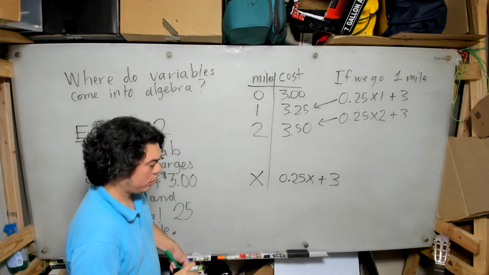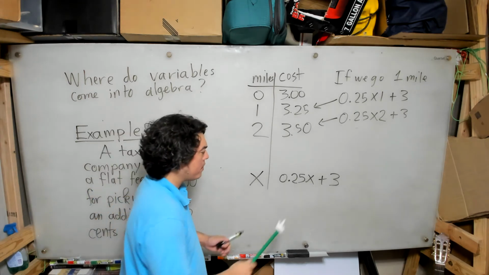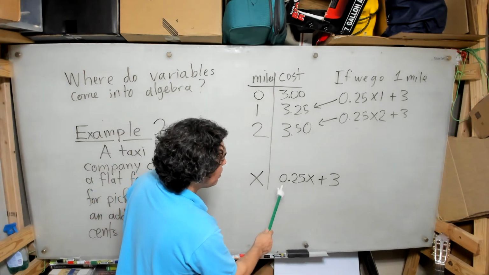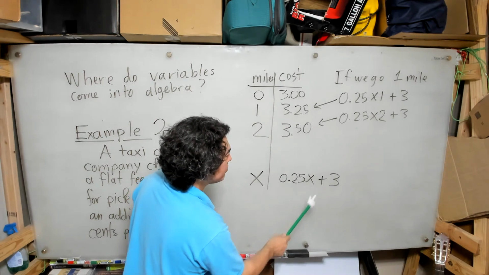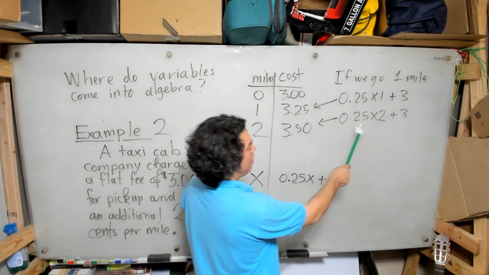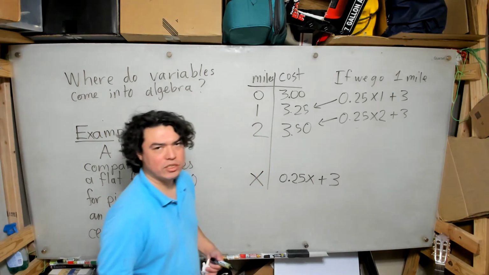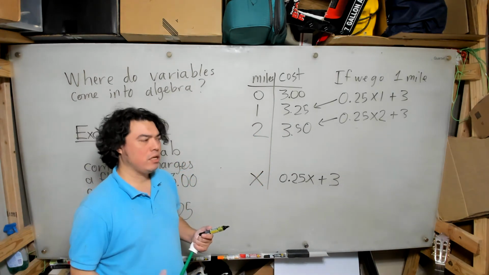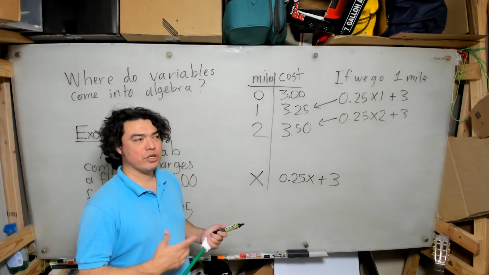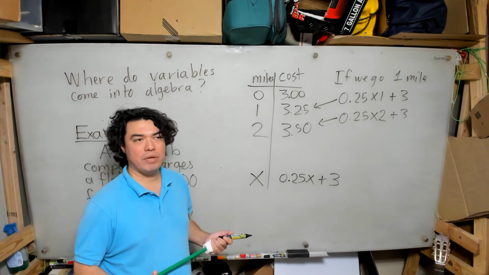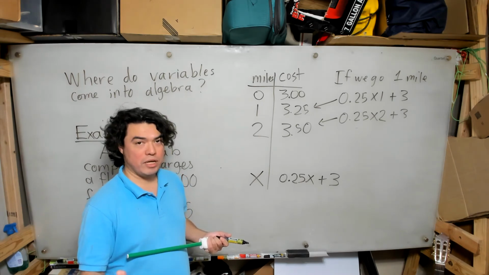Let me just make a brief caveat here. Since I have the number next to the variable x, that means 0.25 times x. Here, I was using the multiplication symbol x. And unfortunately, this is one of the confusing things that can happen with so many kinds of human discourse, that certain notations can be overloaded with meanings.